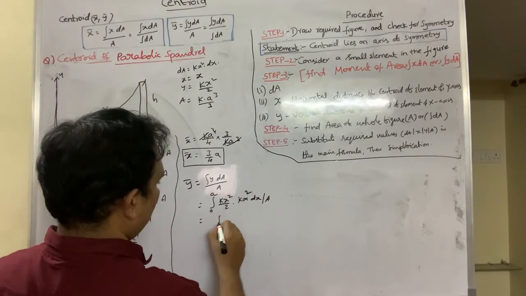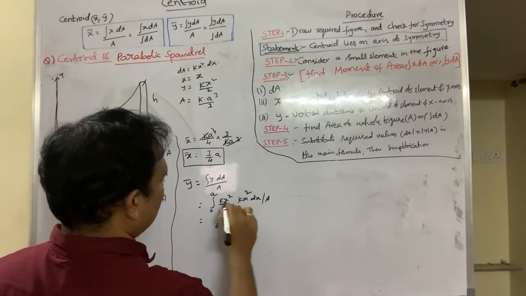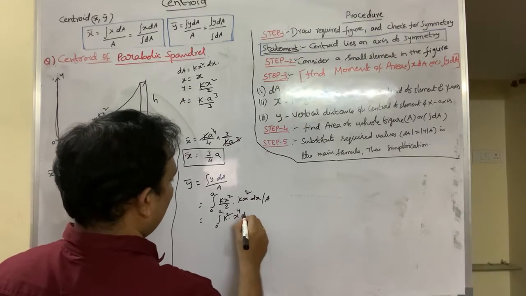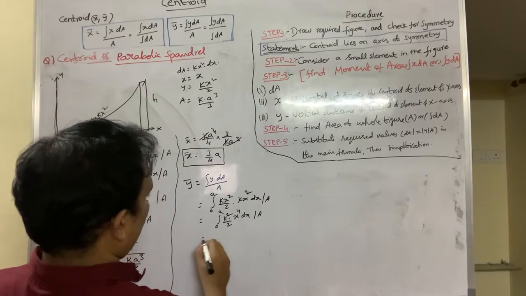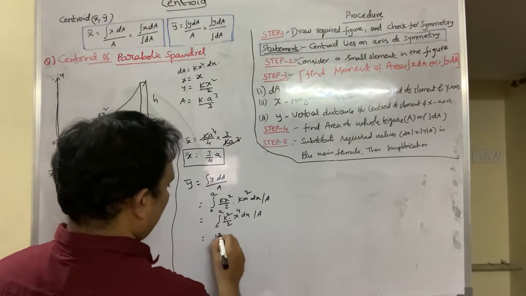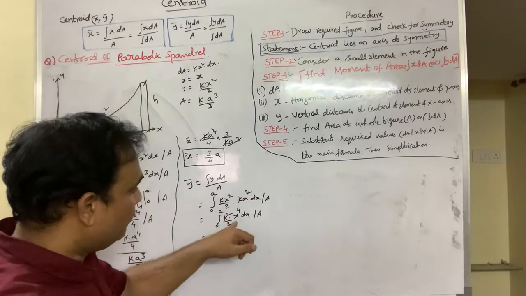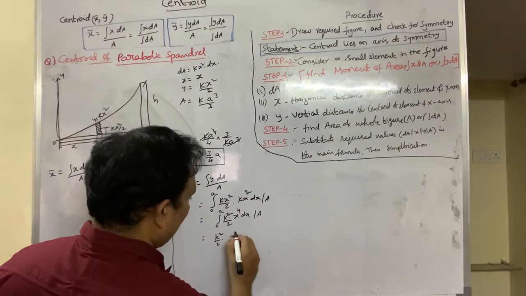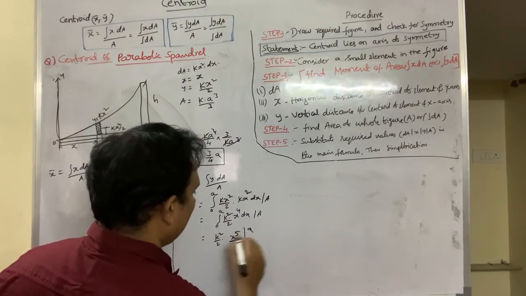That gives k square into x power 4 into dx by 2, by capital A. Here k square by 2 is constant, and the remaining is integration of x power 4 dx, that means x power 5 by 5, limits 0 to a.